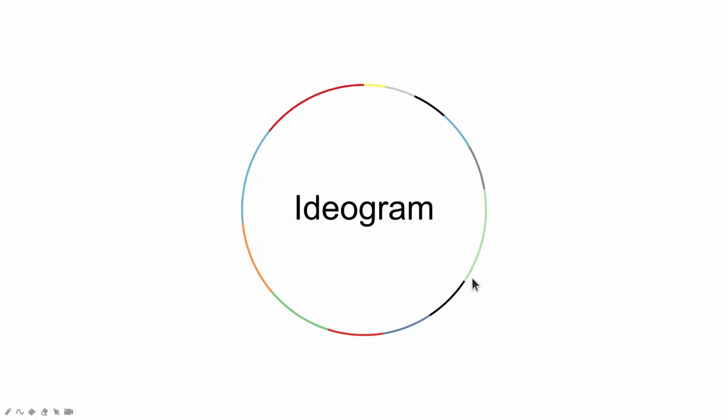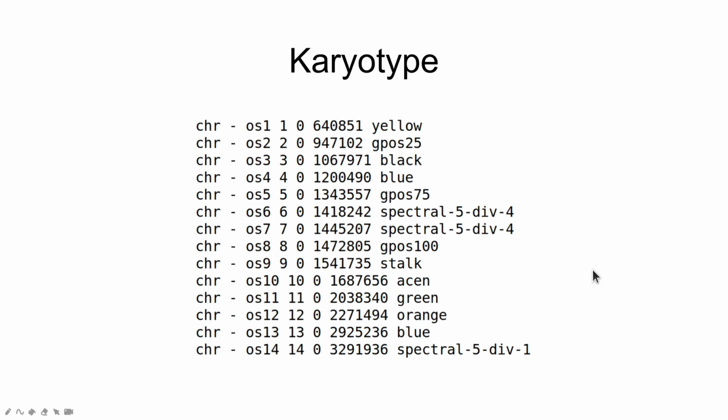Ideograms are generated from karyotype files. A karyotype file defines the chromosomes that you want to display. It has the chromosome, then the chromosome name and the label, then the start and end, and there's also the color.